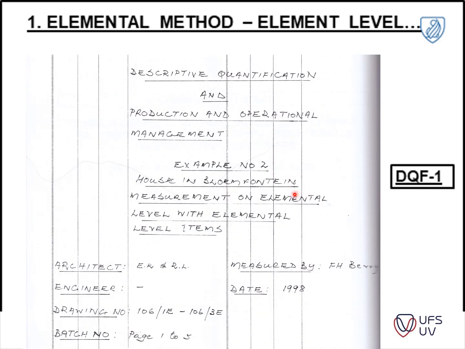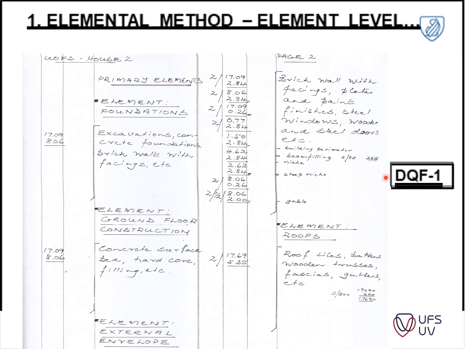So if you go through your example as per the study notes, you will see this example, but we'll still go through this in a bit more practical sense of it.